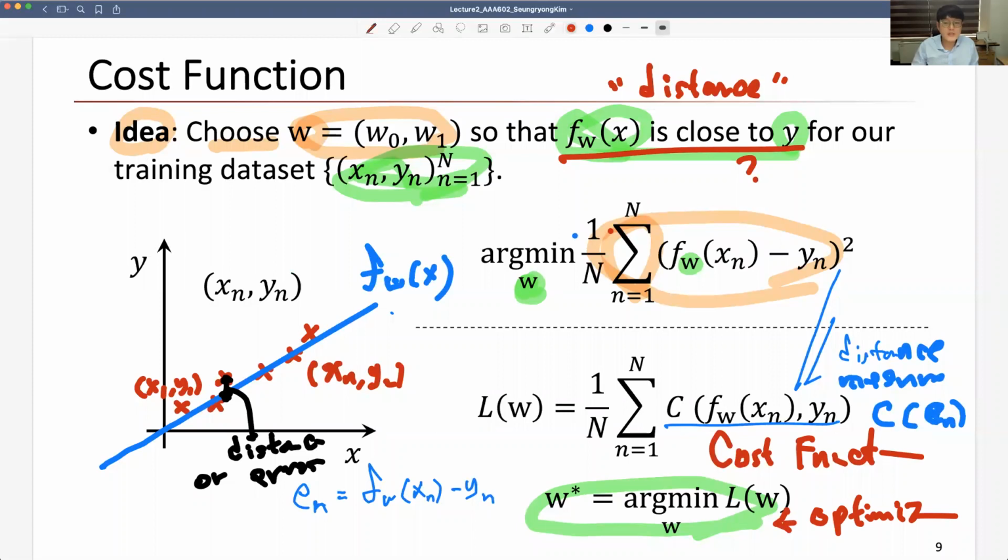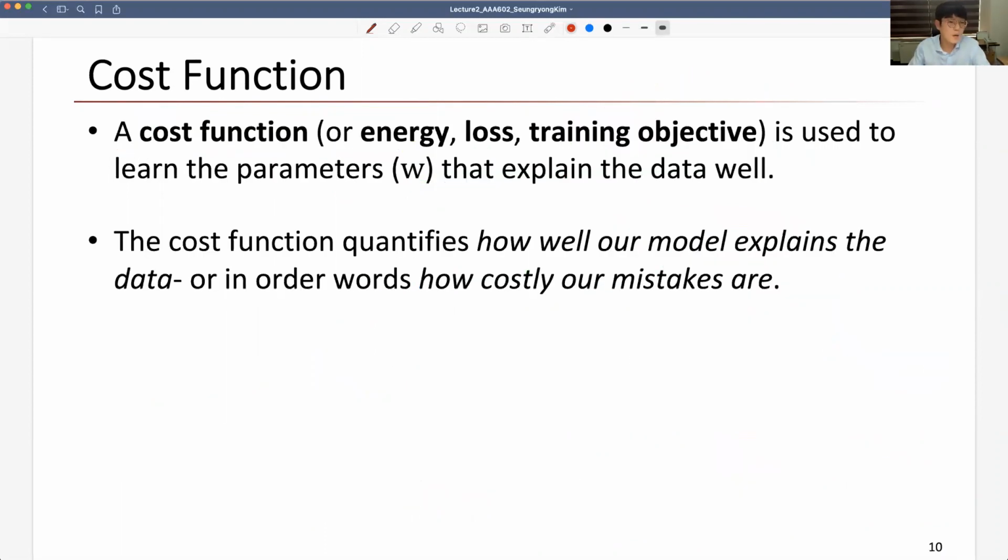Then how can we define the cost function? Which cost function is best? We have to think about this one. So let's define this cost function in the formal definition. The cost function, which is also called the energy function, or the loss function, or the training objective, is used to train the parameter W that explains the data well.